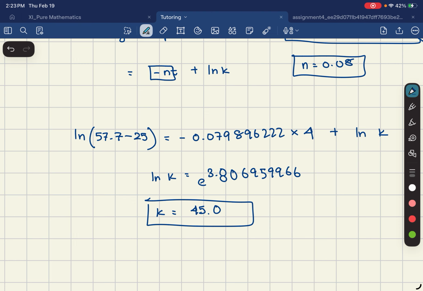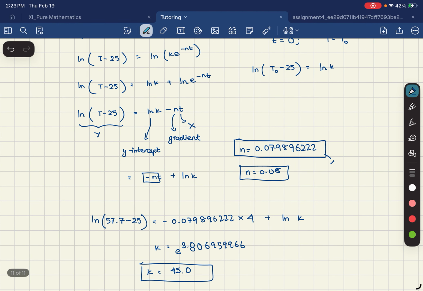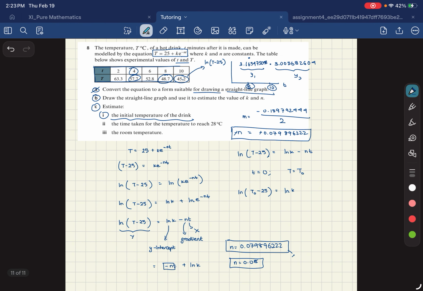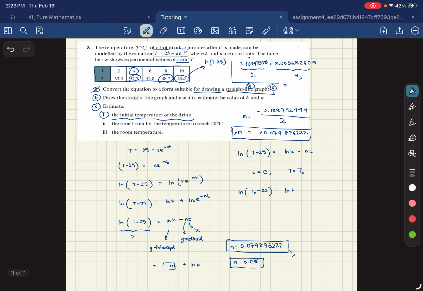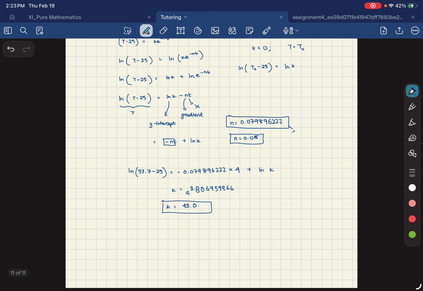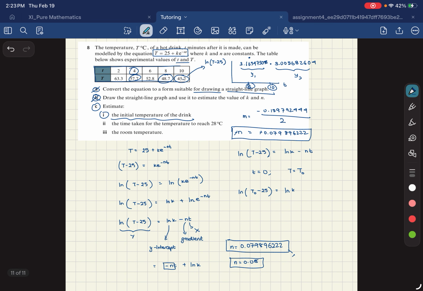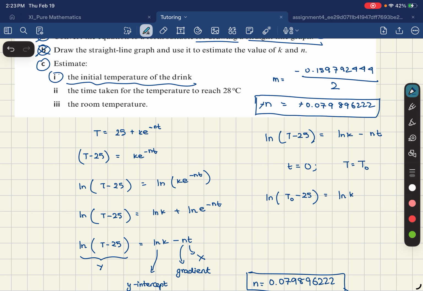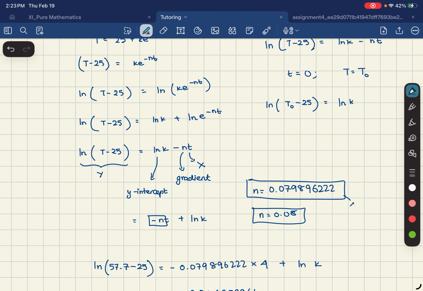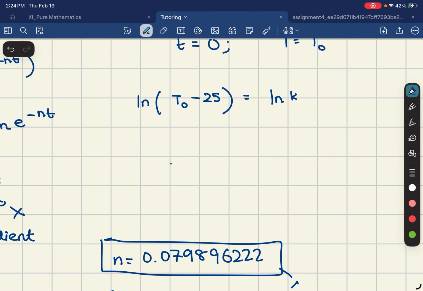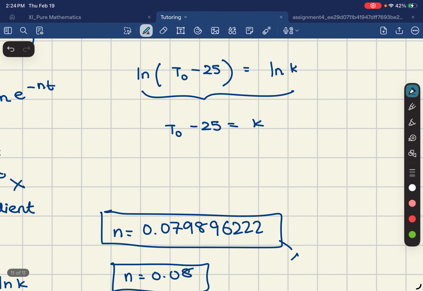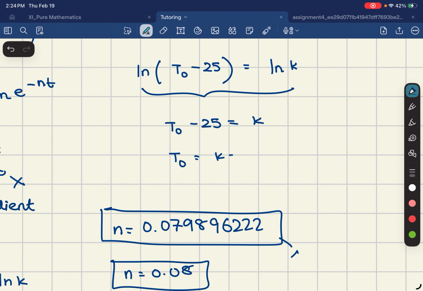To get k, I just raise e to the power of both sides. Now that I have n and k, I didn't draw a straight line graph, so I estimated it using the data that I have, which is also something that you can do. Now I need to estimate the initial temperature of the drink. I know that T naught minus 25 is just K, so T naught is just K plus 25.